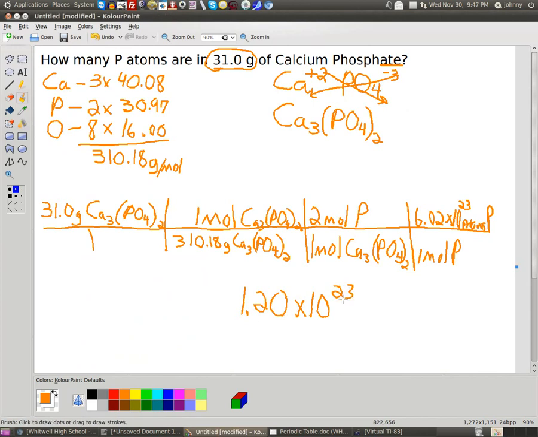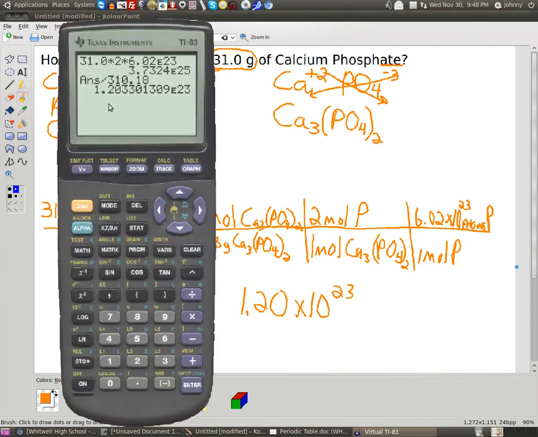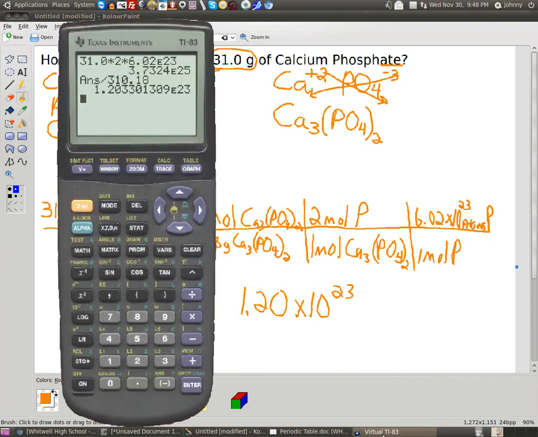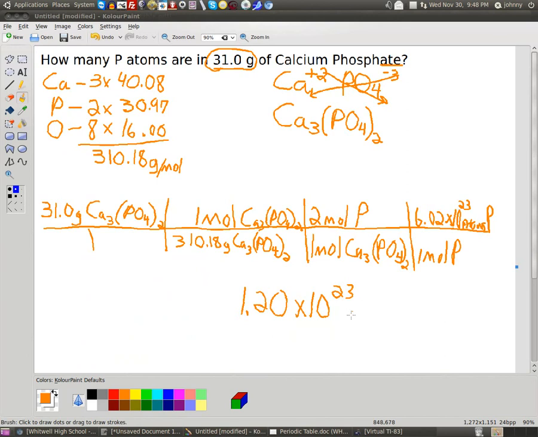Now, if you're wondering how in the world is this 3 sig figs, remember that a trailing 0 behind the decimal with a number that's somewhere towards the front of it is significant. So basically this 0 here is significant. Look to the right here. This 3 is not big enough to push this 0 to a 1, so it stays a 0. So the 1.20 times 10 to the 23rd is correct with 3 sig figs, and this would be atoms of phosphorus.